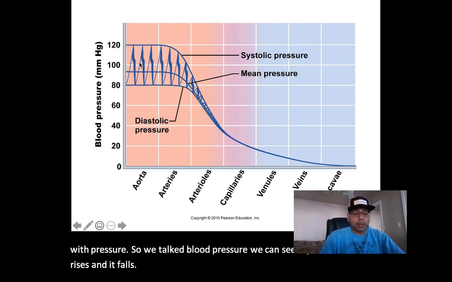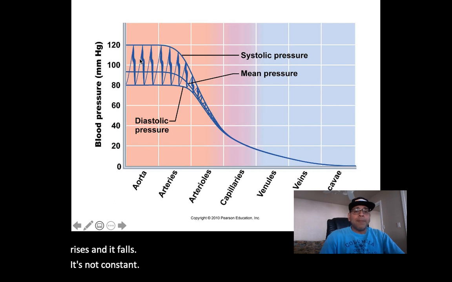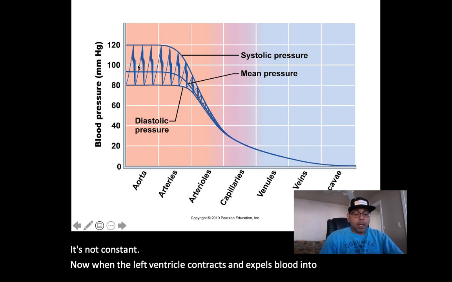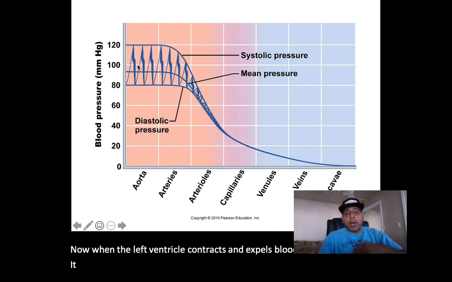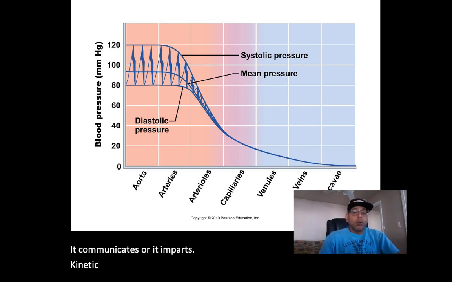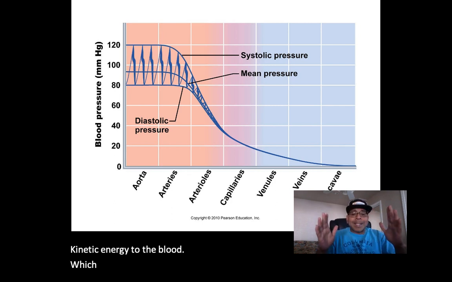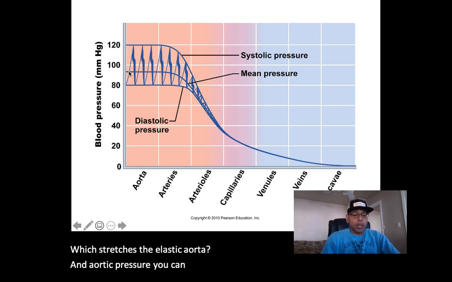It's not constant. Now, when the left ventricle contracts and expels blood into the aorta, it imparts kinetic energy to the blood, which stretches the elastic aorta. And aortic pressure, you can see here, reaches its peak.